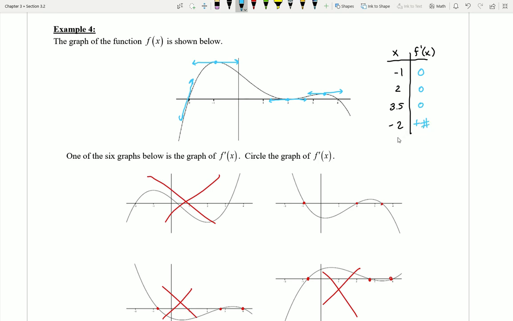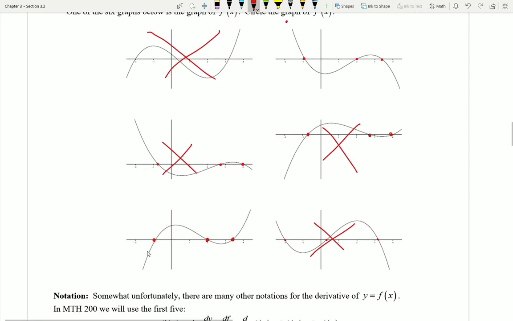So I know that on the picture of the derivative, I should have -2 and a positive y value. If I go down to the picture here, I have -2, and definitely I'm going to get a positive y here. So this is still in the running. Here I'm going to get -2 and, ooh, a negative y value.